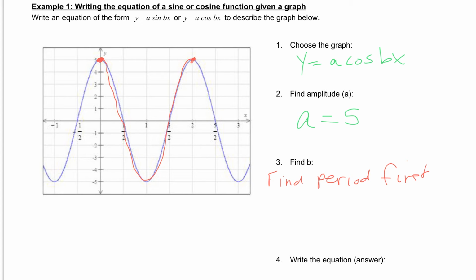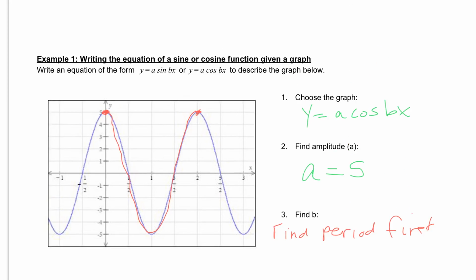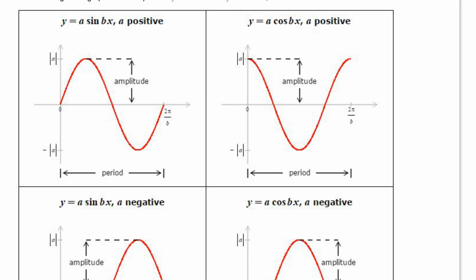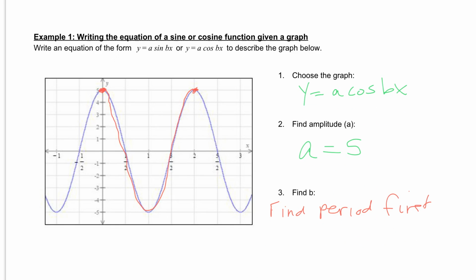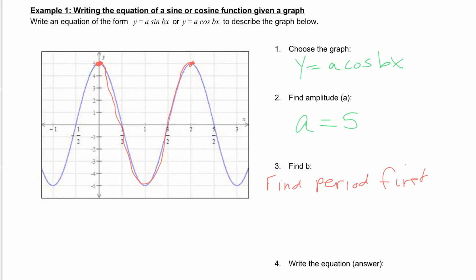So from this point to this point is our full rotation of our cosine graph. You can see that also above. One full rotation starts up and curves around, whereas our sine graph is going to come this way. So if we know that the graph is going from 0 to 2 for one full period, we know that our period is a distance of 2.